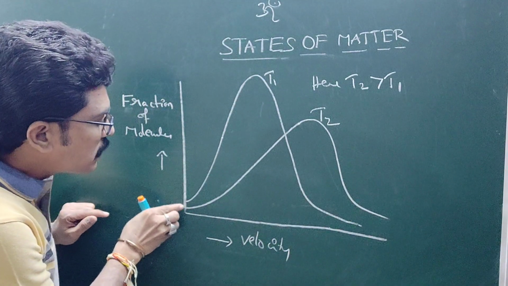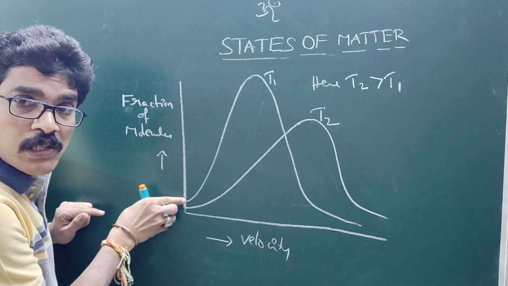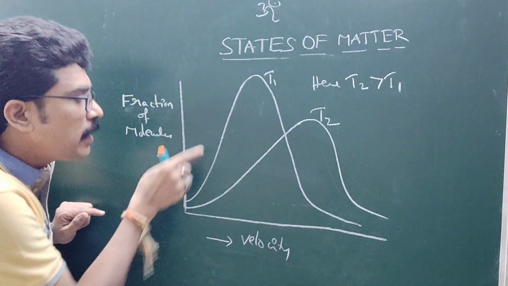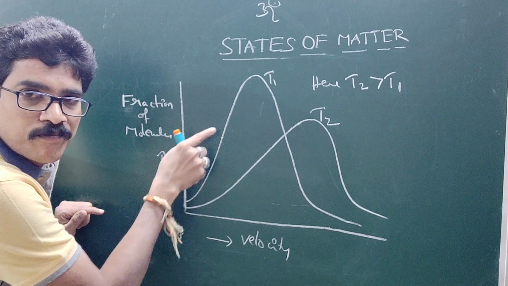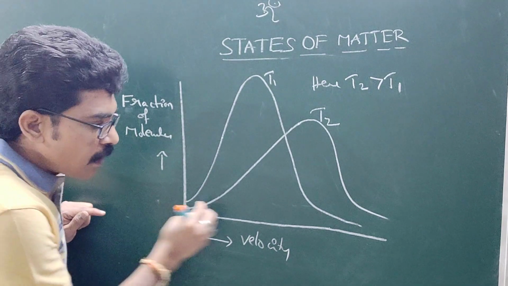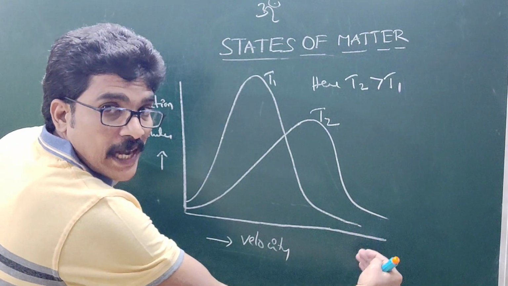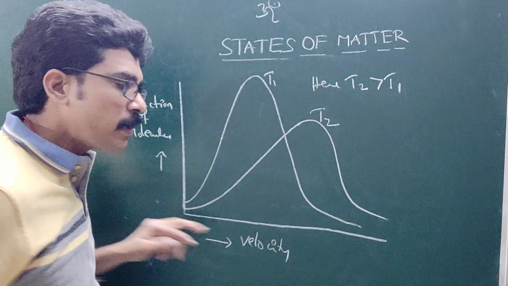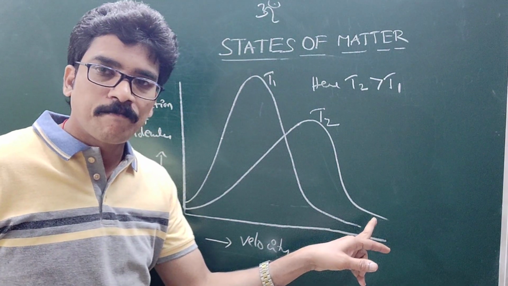At low velocity, the fraction of the molecules is less than at the initial temperature. And at high velocities, the fraction of the molecules is high.